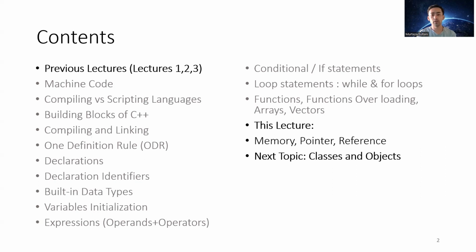We talked about expressions. An expression consists of operands and operators. The operators are arithmetic, logical, and different kinds of operators, such as equal, plus, minus. However, the operands are mainly the variable names.